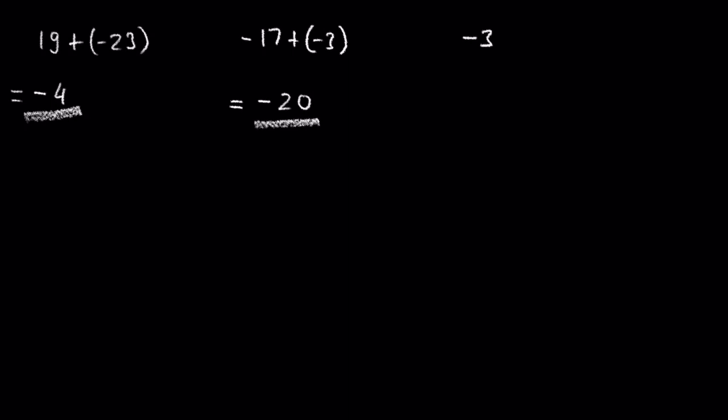Negative 3 plus negative 2 plus negative 4 plus 7. To add more than two numbers, you should initially add the first two numbers.